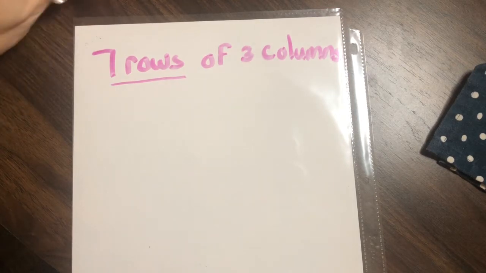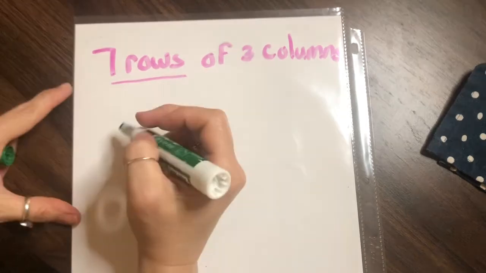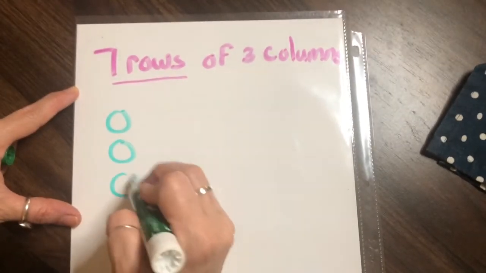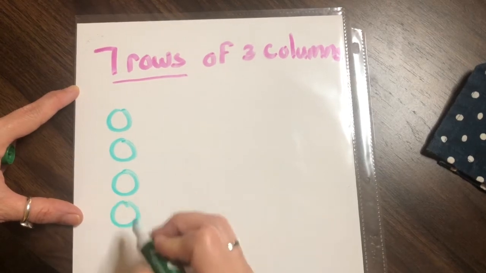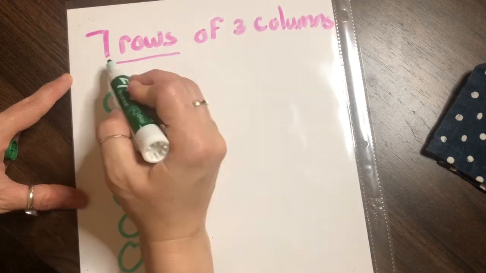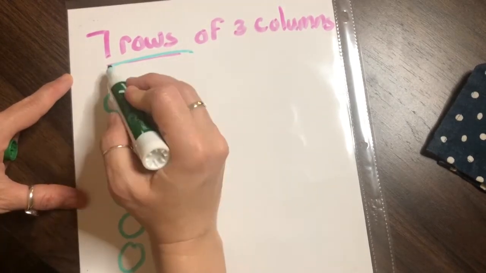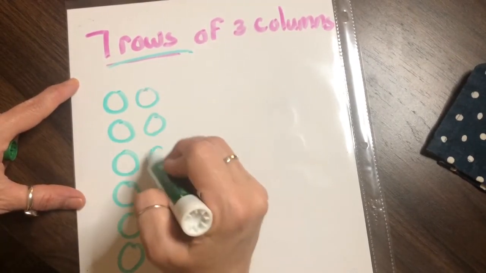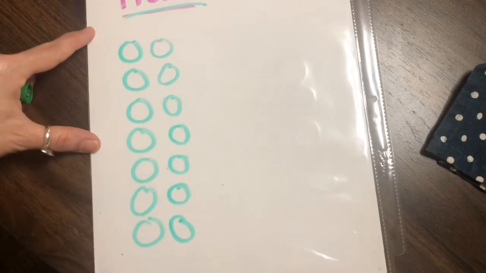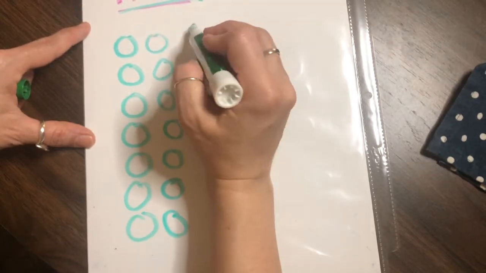Welcome back, third grade. So check your work to mine. 1, 2, 3, 4, 5, 6, 7 rows, 3 columns. 1 column, 2 columns, 3 columns.